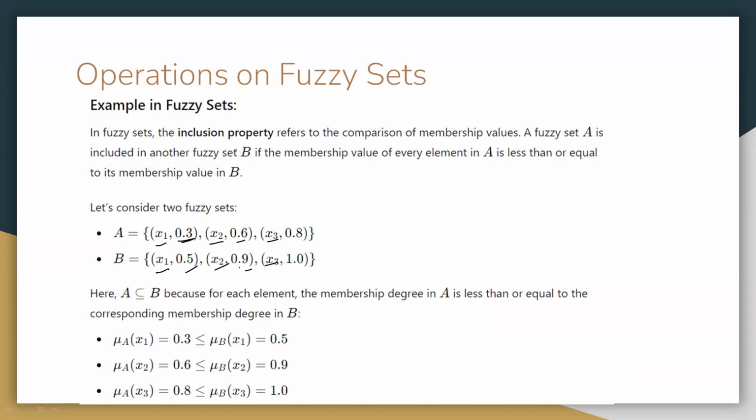For a particular element x1, if the membership value in A is less than or equal to the membership value in B, yes, 0.3 is less than 0.5, so it is contained within. Similarly for x2, 0.6 is less than the membership value in B, 0.9, so it is also true. Similarly here it is 0.8 and here it is 1, so the value is less. Since all of them are less, you can say that A is a subset of B.